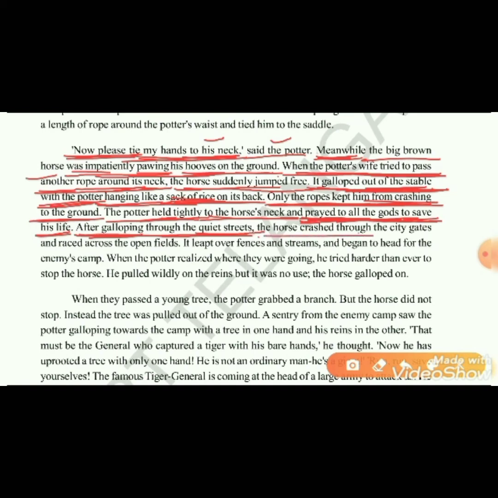What were the things it crossed? It crossed the houses, city gates, palace, the fields, and approaching what? It was approaching the enemy's camp. While it was approaching the enemy's camp, what did the potter do? He tried hard to control the horse.